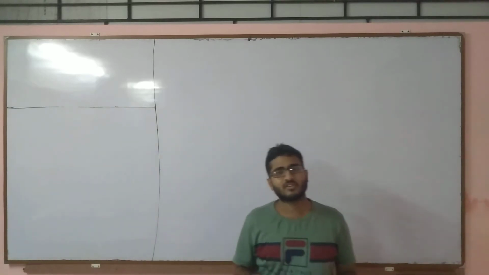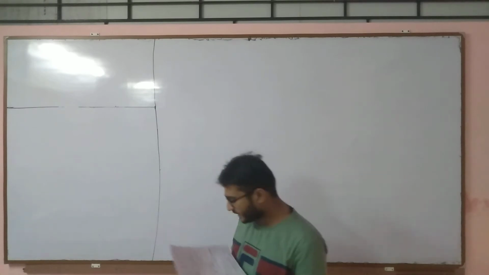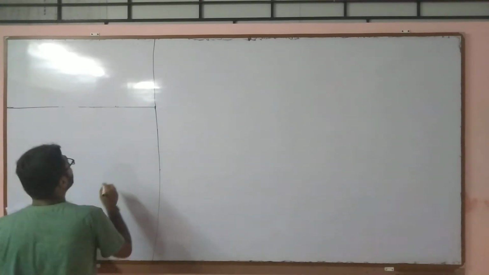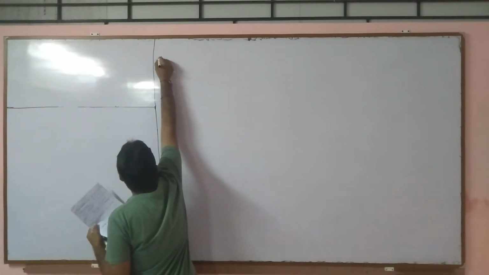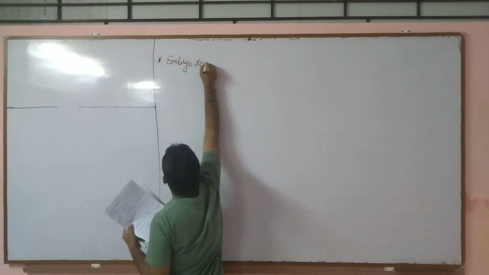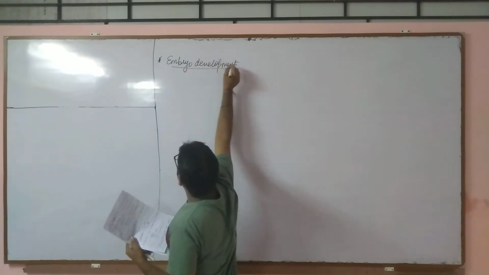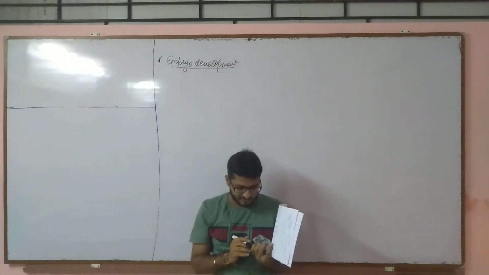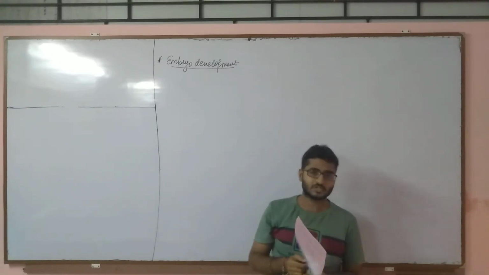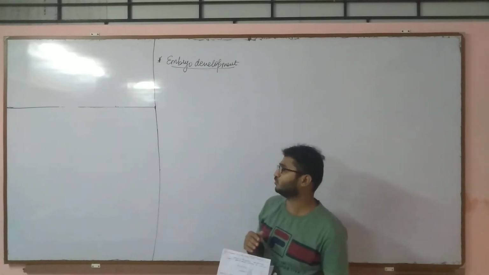In this segment we are going to discuss the development of embryo from diploid zygote. So the topic is embryo development. The first step that we have discussed is the formation of endosperms. In that we have discussed the three different types of endospermic tissues.